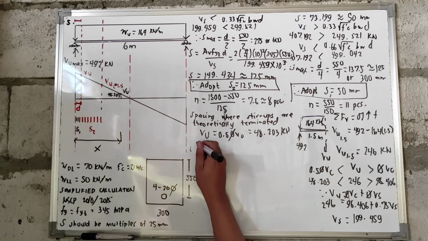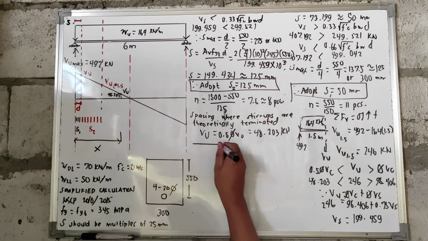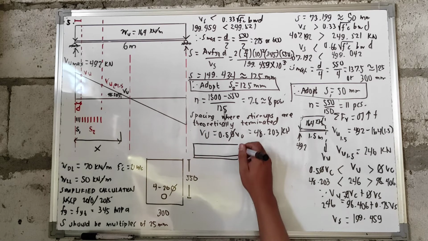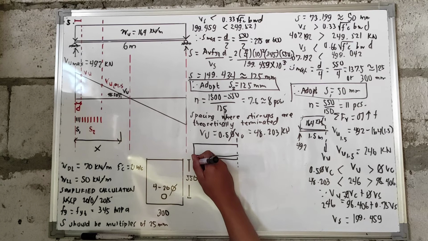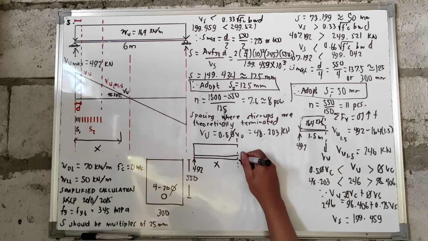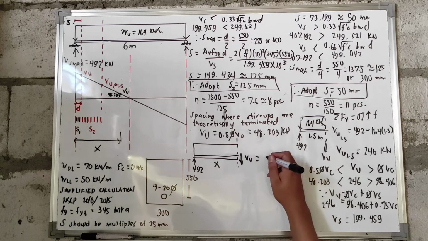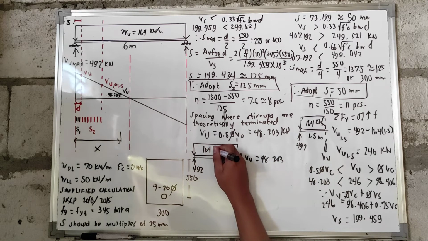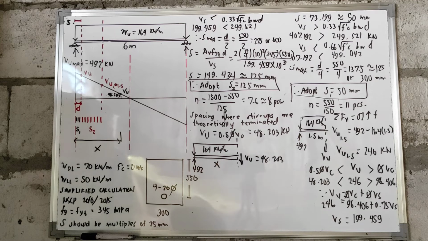So, gawin natin is, eto yan. So, eto yung nakat nating section. Meron tayong upward na 492 kilonewton. Ito yung hinahanap natin na value ng X. Yung VU natin, given naman yan, which is equal to 48.203. And then, yung nakapatong sa kanya is 164 kilonewton per meter.